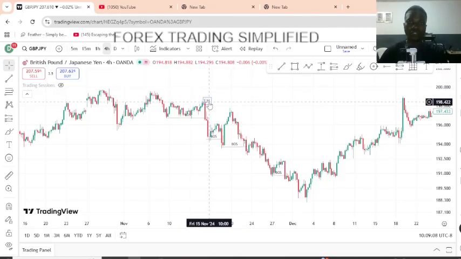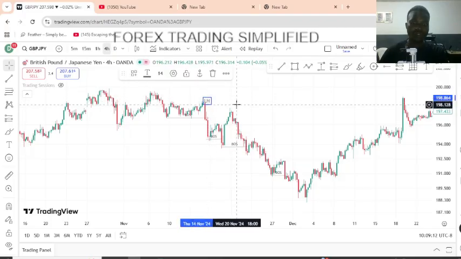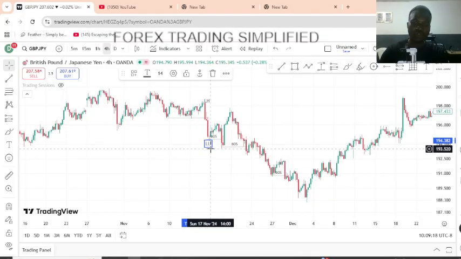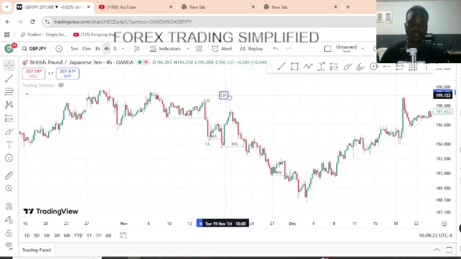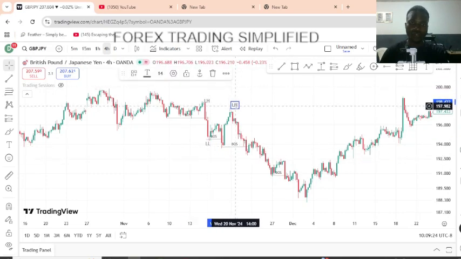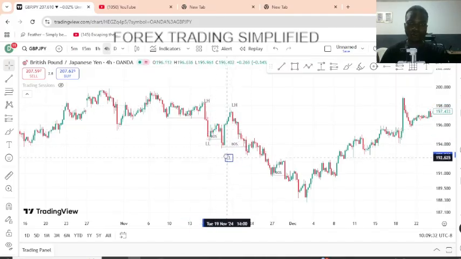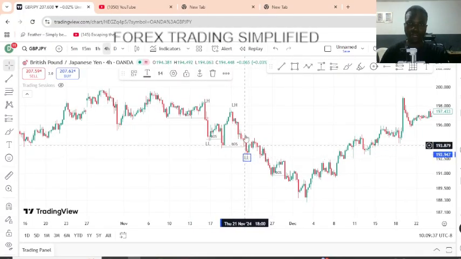That is our lower high. Then we also have lower low. All right, we also have our lower high here. Then we have our lower low right here.